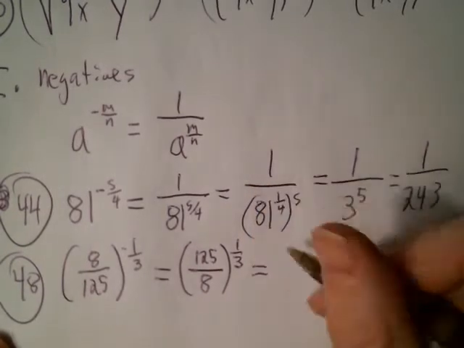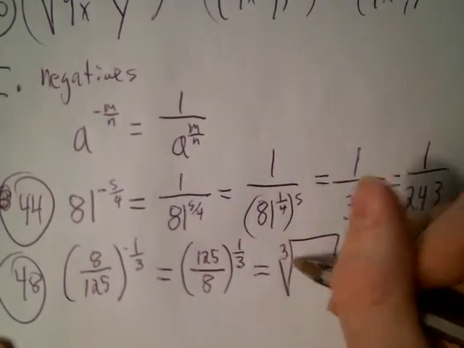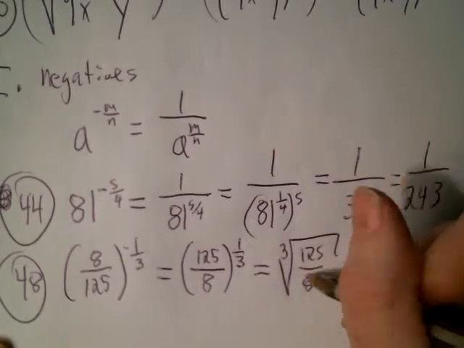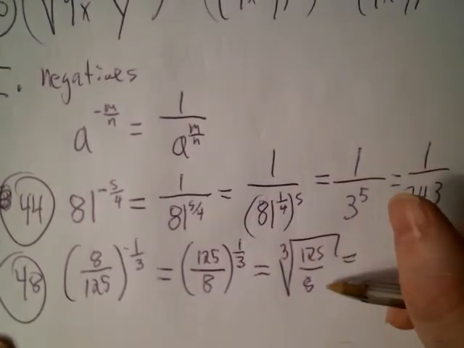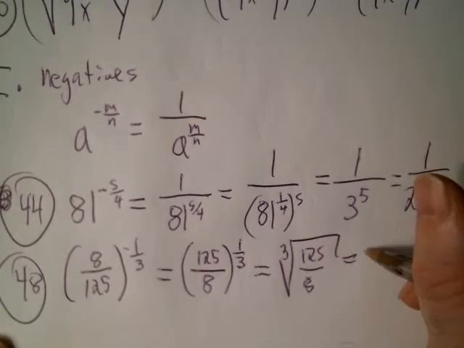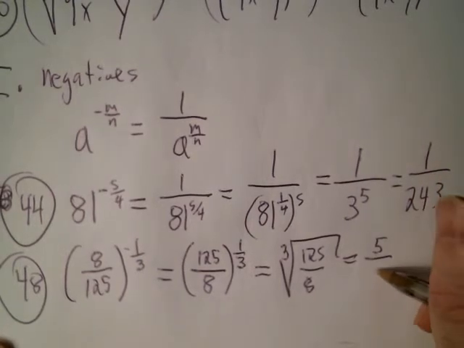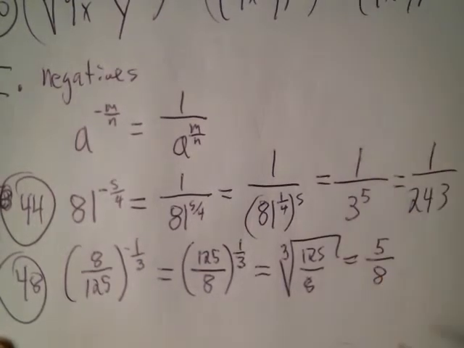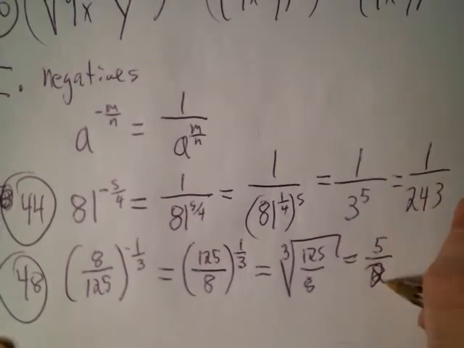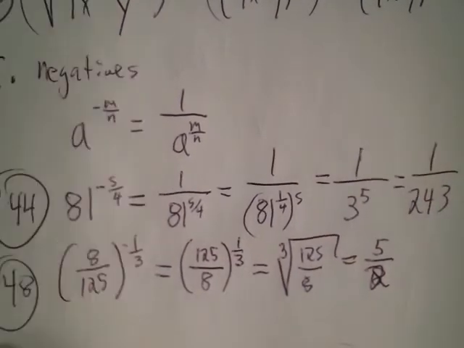Then we can take the cube root of this thing. Both of those numbers are perfect cubes. So 5 times 5 times 5 is 125. 2 times 2 times 2 is 8. Sorry, so this is a 2. 5 halves is our answer.